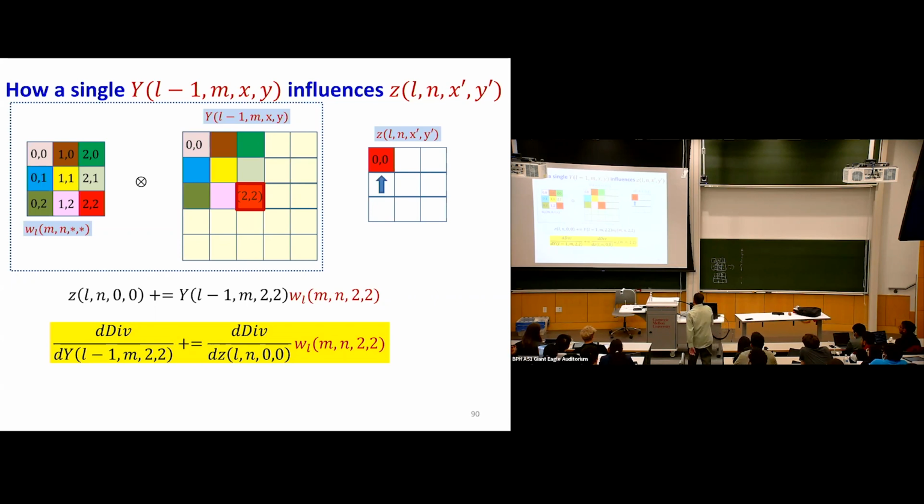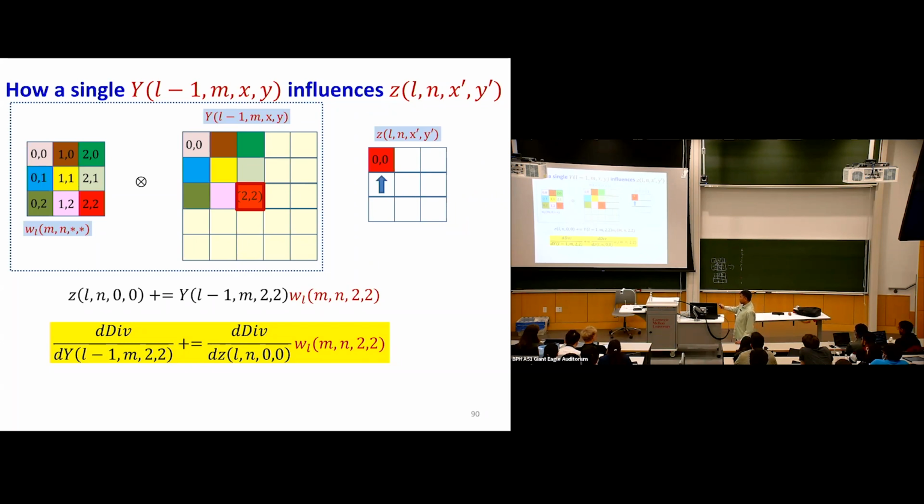So Z00 is obtained by multiplying Y22 with W22. The term that is used in the contribution of Z00 is indicated by the color at Z00. So that's this 2-2th element of the filter.